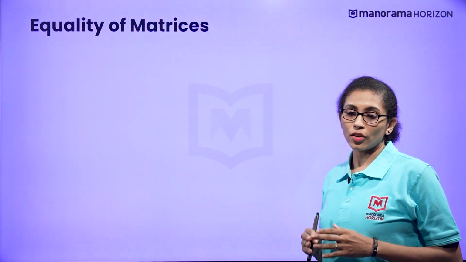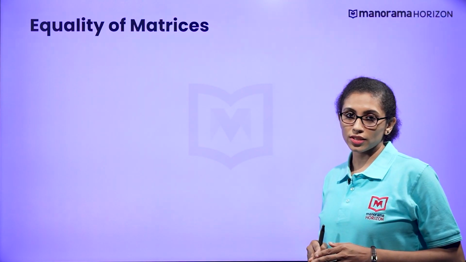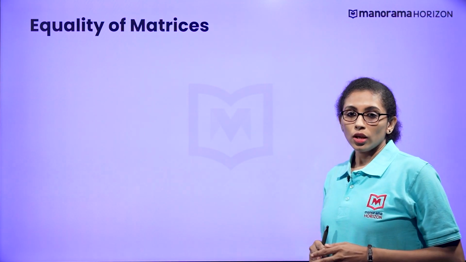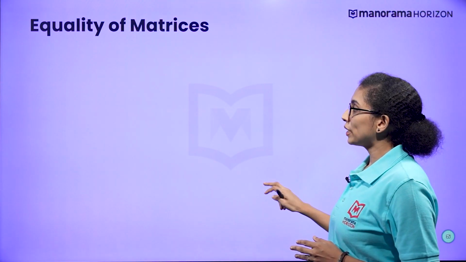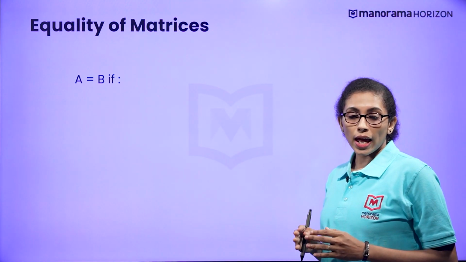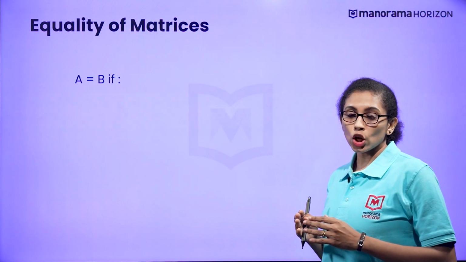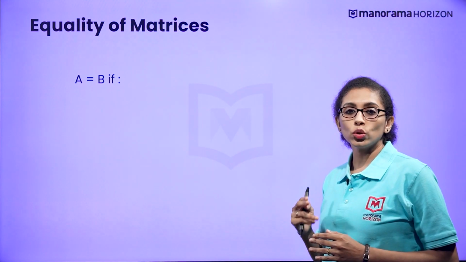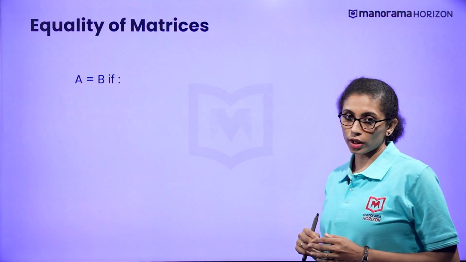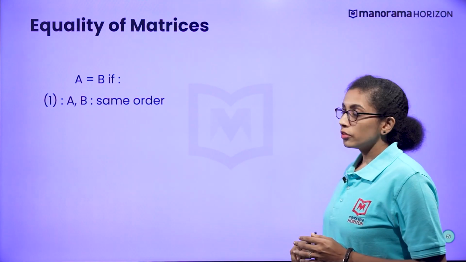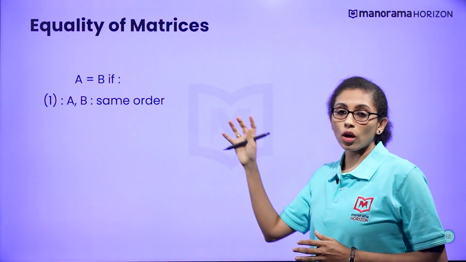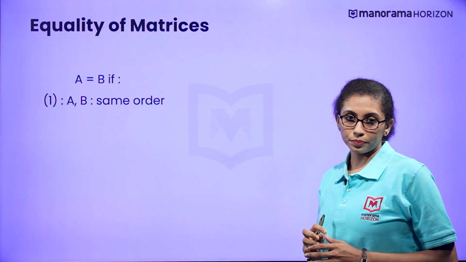Next, we will discuss a very important aspect of matrices, that is the equality of matrices. We can consider two matrices A equal to [Aij] and B equal to [Bij] to be equal if they satisfy two conditions. Let's see what the conditions are. The first condition: we need to check whether they are of the same order.